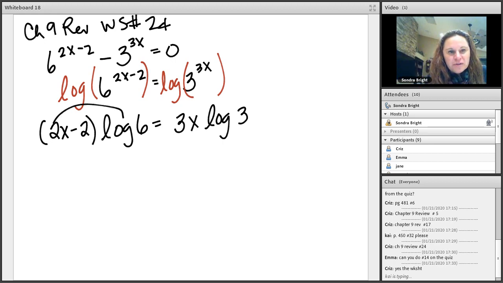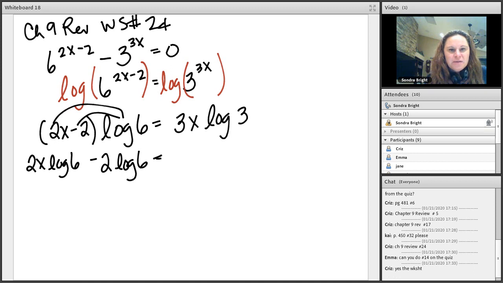All right, I'm going to distribute the log of 6. So you have 2x times log of 6 minus 2 times log of 6 is equal to 3x times log of 3. I'm going to collect all of the x's on one side of the equation, and anything without an x, I'm going to throw it over to the other side.